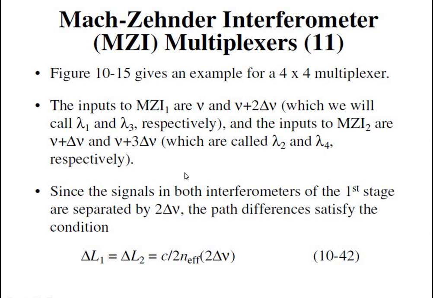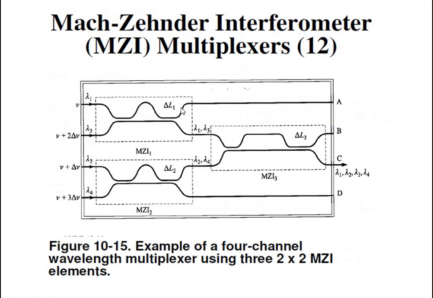So just now we saw a 2 into 2 MZI. Using the basic 2 into 2 MZI, any size N into N multiplexer can be constructed. Here is figure 10.15, which gives an example of a 4 into 4 MZI multiplexer.